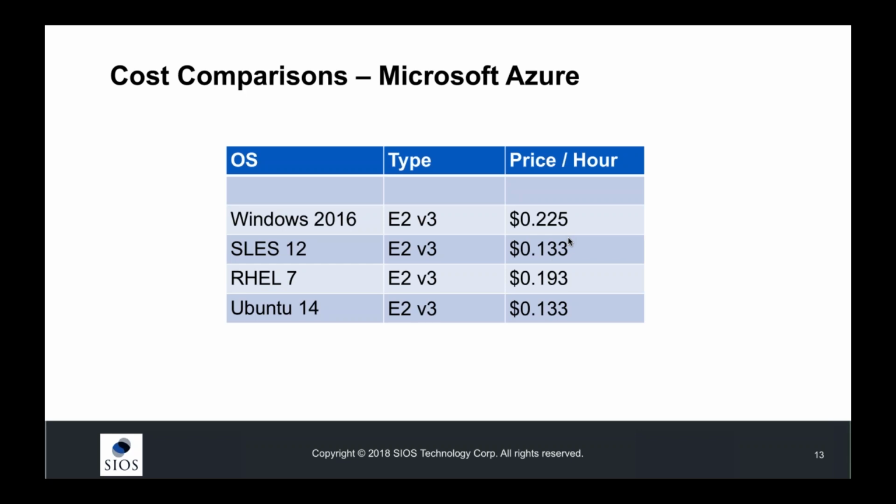And that is a huge difference, from 22.5 cents down to 13.3. So these cost savings in terms of price per hour in the cloud, I think they're going to cause some obvious interest, at least in consideration, to run on the Linux platforms, as opposed to what we see as expensive, the Windows 2016 platform.